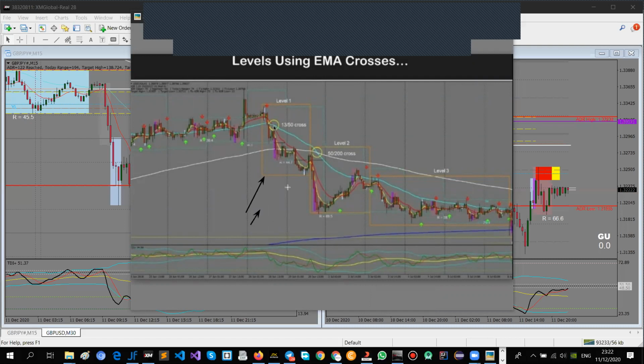Level 2: we see that in level 2 by the 50 and the 200 cross there. That shows us that we're in level 2. Price then went on to fan out, forming level 3.